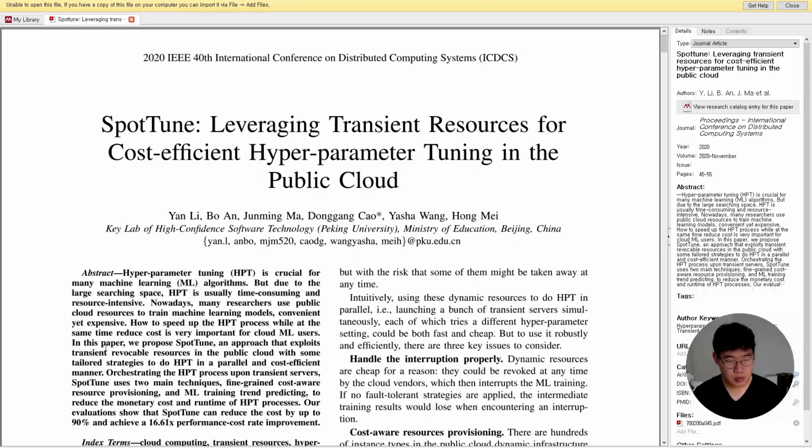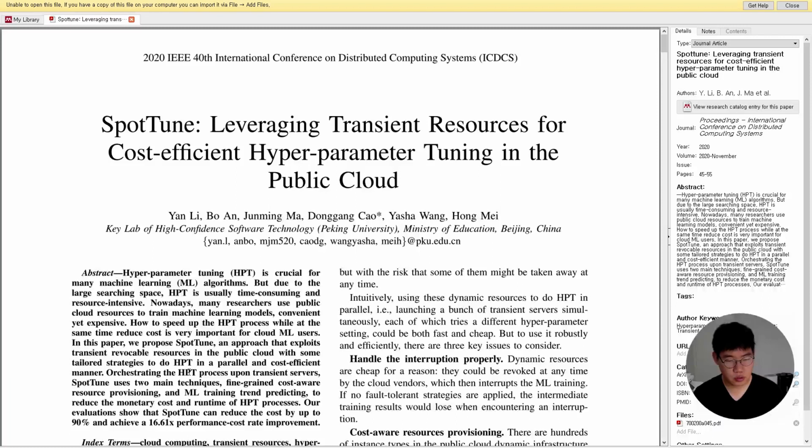In this paper, we propose SpotTune, an approach that exploits transient, revocable resources in the public cloud with some tailored strategies for HPT in a parallel and cost-efficient manner, orchestrating the HPT process upon transient servers.